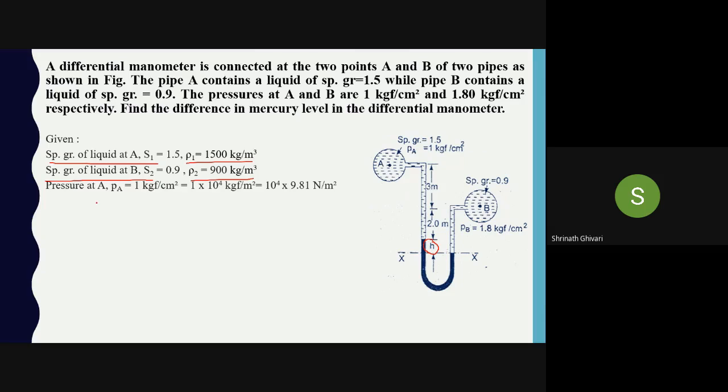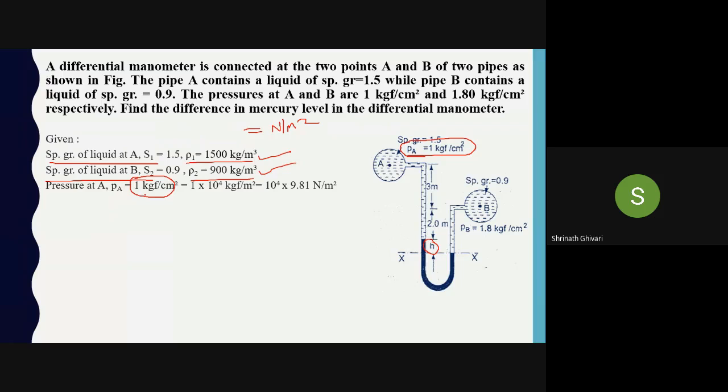Okay. Pressure at A, what is the pressure at A? 1 kgf per centimeter square. Now, how to convert this 1 kgf per centimeter square in terms of Newton per meter square? Because everything is in terms of SI unit, I have to convert this into SI.